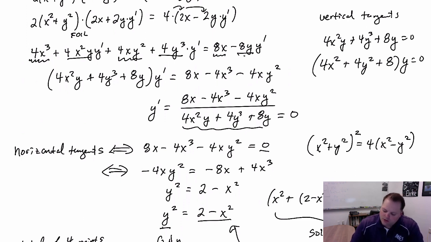So here you would have, when y is 0, you could plug that in over here and get 4x squared plus 8, right? When y is 0, that's what you get over here. So 4x squared plus 8 equals 0. You would get x squared is equal to negative 2.